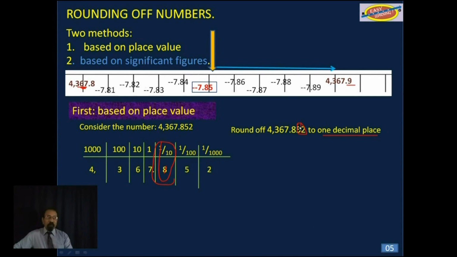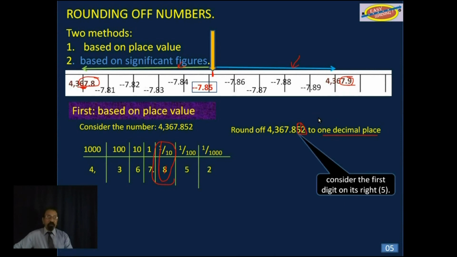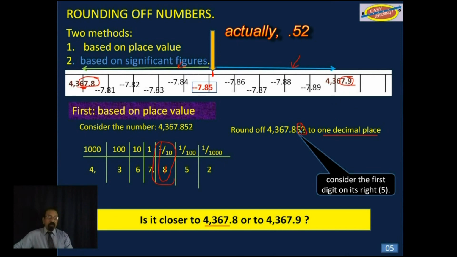In this case, it's a little past 5, so here. So the question we are going to ask ourselves is this. Is this number, 4,367.852, closer to this number here or to that number there? As you can see, that blue line up there is a little shorter than the green one. And so, when we consider that 5, which is it closer to?